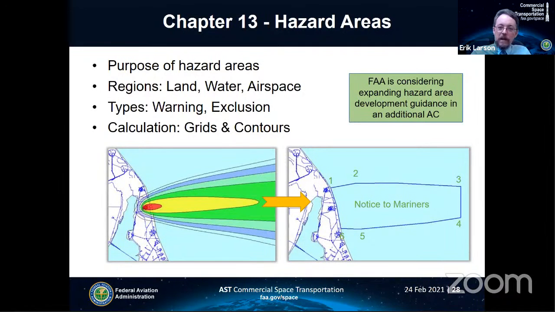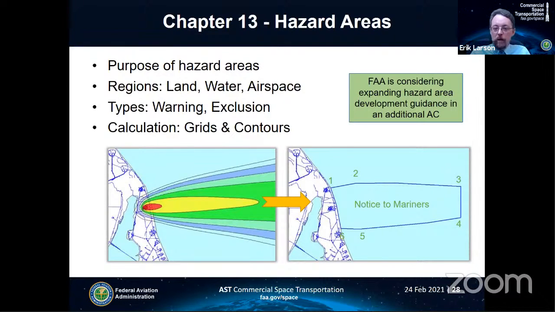It also discusses the calculation, to some degree, of how you go from your impact distributions, typically to grids that evaluate the risk criteria as a function of location. And then the grids are turned into contours, which are then bounded by usually simpler boxes that are actually issued as the warning or exclusion areas.